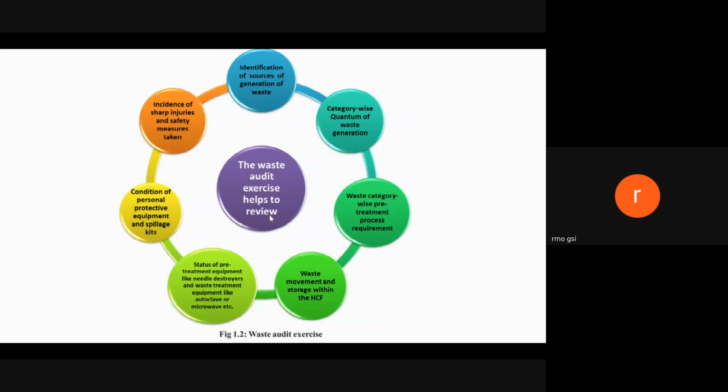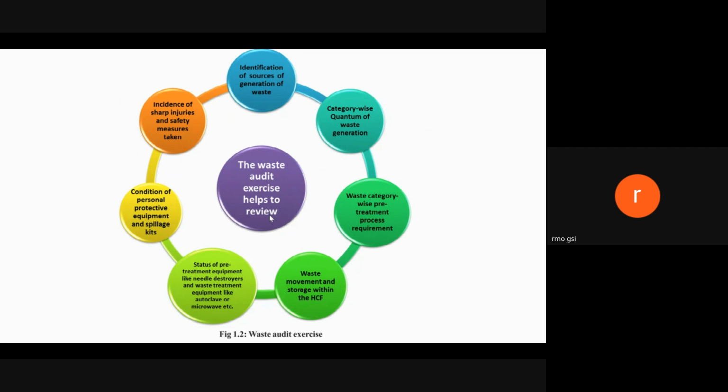To do a waste audit, you have to do an exercise which helps to review the identification of the source of generation of waste. You have to identify the various sources from where this waste is generated.